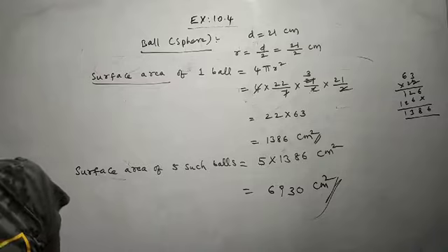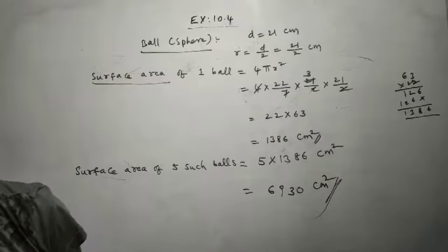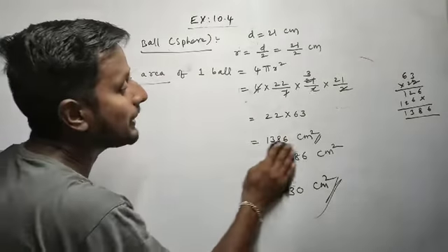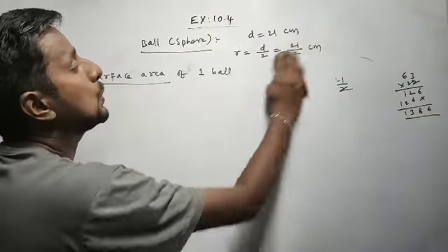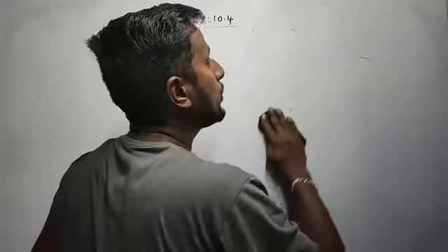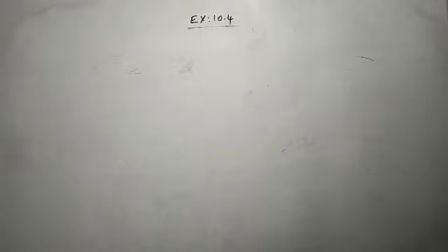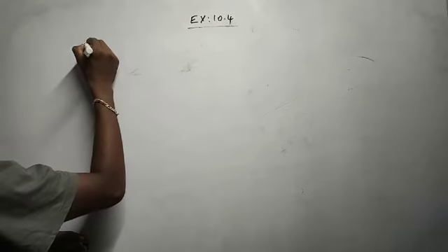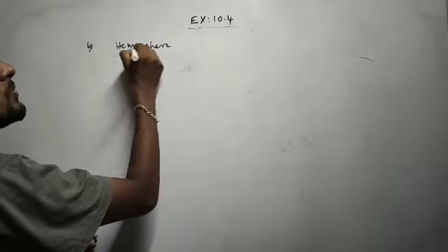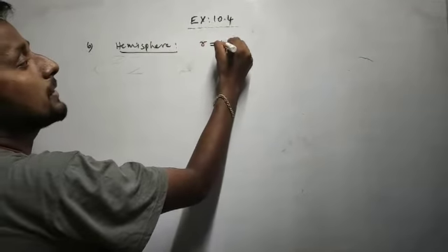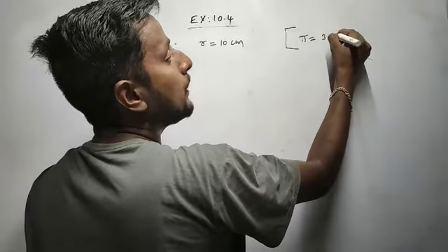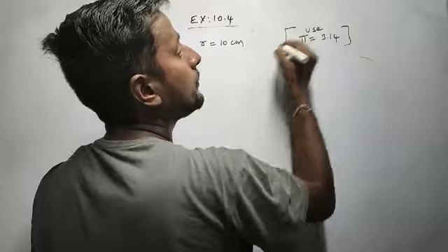Okay. Next, find the total surface area of a hemisphere whose radius is 10 centimeters, and it is mentioned, use the pi value as 3.14. Sixth problem. It's a hemisphere whose radius is 10 centimeters, and the hint he has given, use pi value as 3.14.